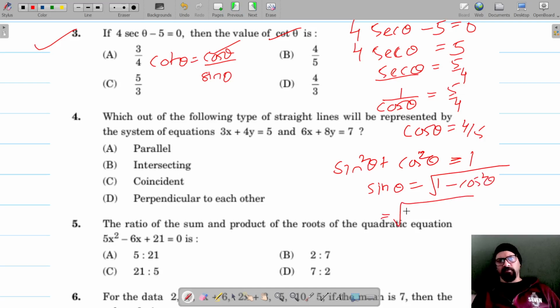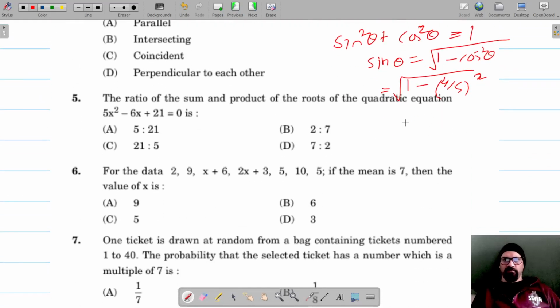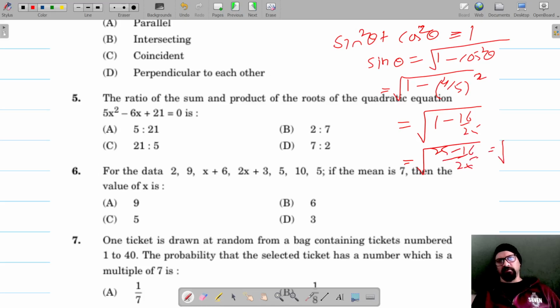Let's put in the value of cos square theta, which is 4 by 5 square. If we solve this, this is equal to 1 minus 16 by 25, which is 25 minus 16 by 25. So 25 minus 16 is 9 by 25, which is equal to 3 by 5. So sine theta is equal to 3 by 5.